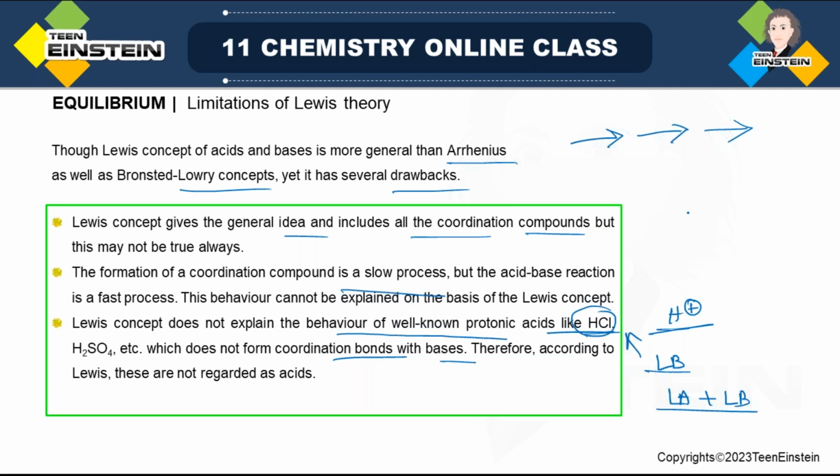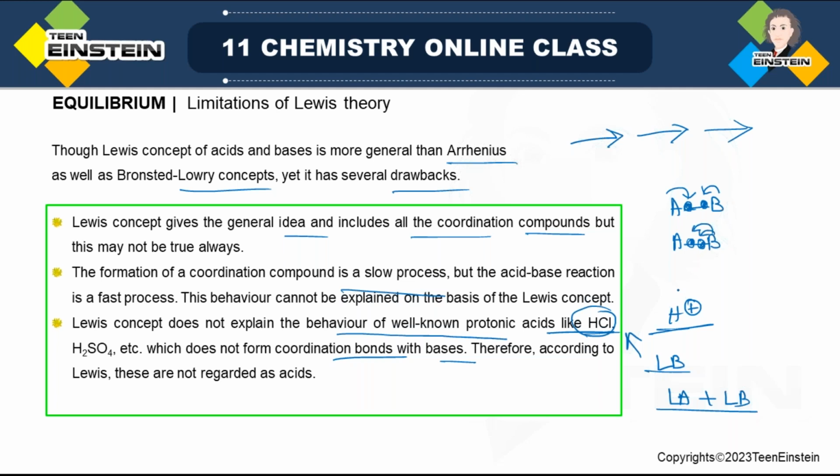Coordination bond means, try to understand the difference between a covalent bond and a coordination bond. Suppose we have a bond between A and B, and if it is purely covalent, one electron is coming from A, another electron is coming from B. But when I am saying that it is a coordination bond, or sometimes also called a coordinate covalent bond, it will look the same, but here both the electrons are coming from one atom.